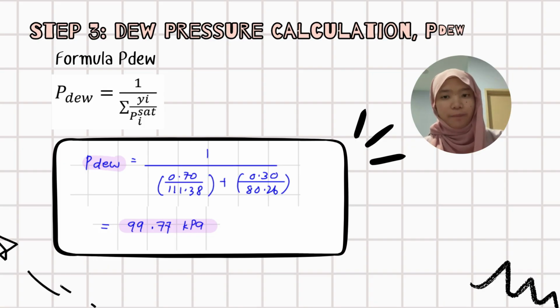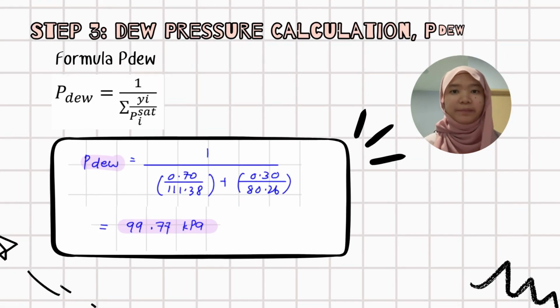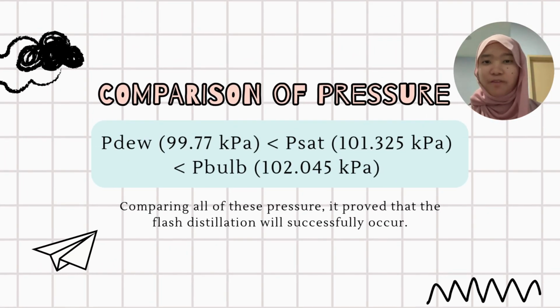The purpose of determining the dew pressure is to identify at what pressure the vapor changes into liquid droplets. After comparing all of these pressures, we identify that the operating pressure lies between the dew pressure and the bubble pressure. This means that the mixture occurs in the two-phase region, liquid and vapor phases occurring in one condition. This is proof that the flash distillation can occur successfully.